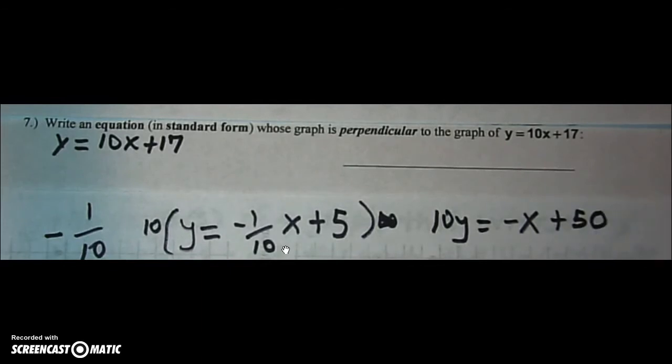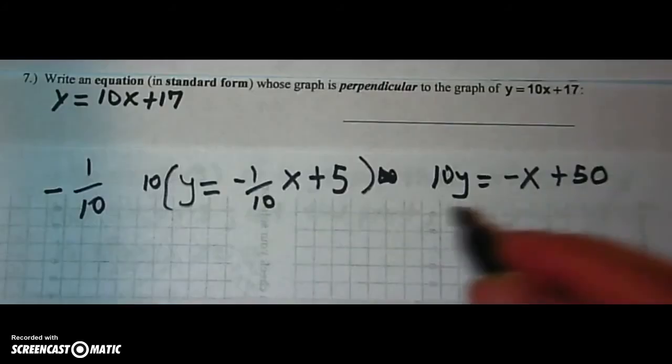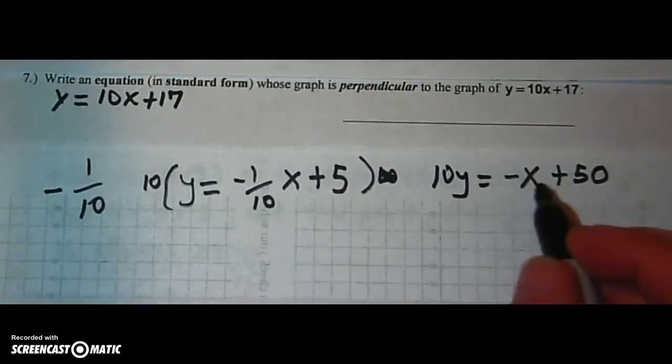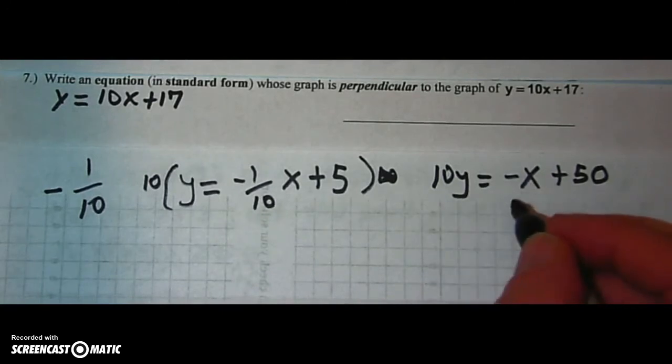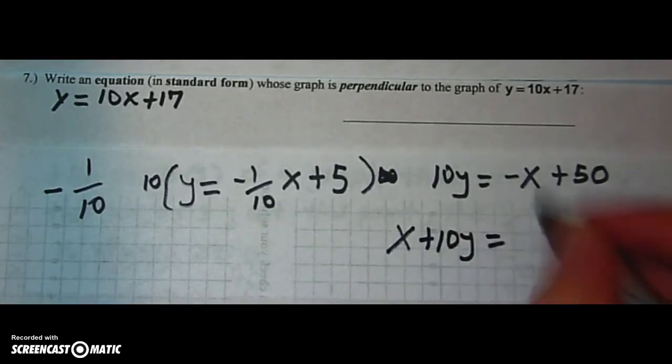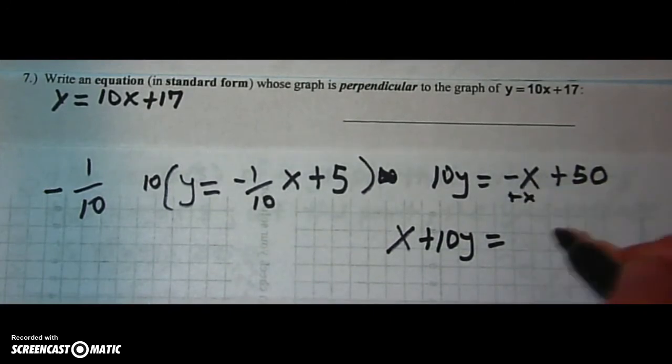Okay, so now we can see our fraction is done, but our work is not. We still don't have this in standard form yet. Standard form, remember, x and y are on the same side. So if we want to get x to the other side, we can add x to both sides. If I add x on this side, -x plus x, the x's are gone, right?